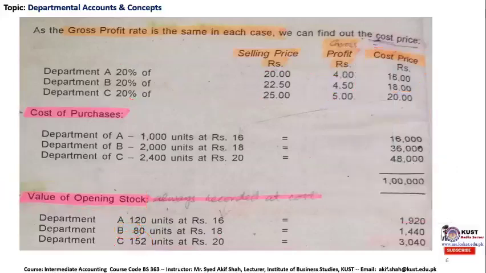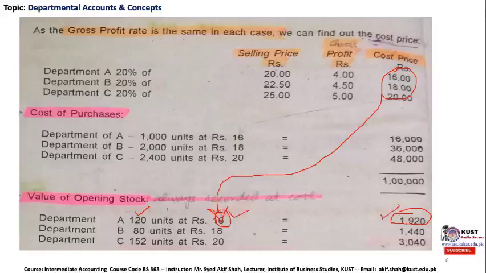So what we can do is simply bring these per unit cost values and multiply them with the relevant departmental number of units to get the opening stock value. For Department A, we multiplied 120 units with the per unit cost and came up with 1920.